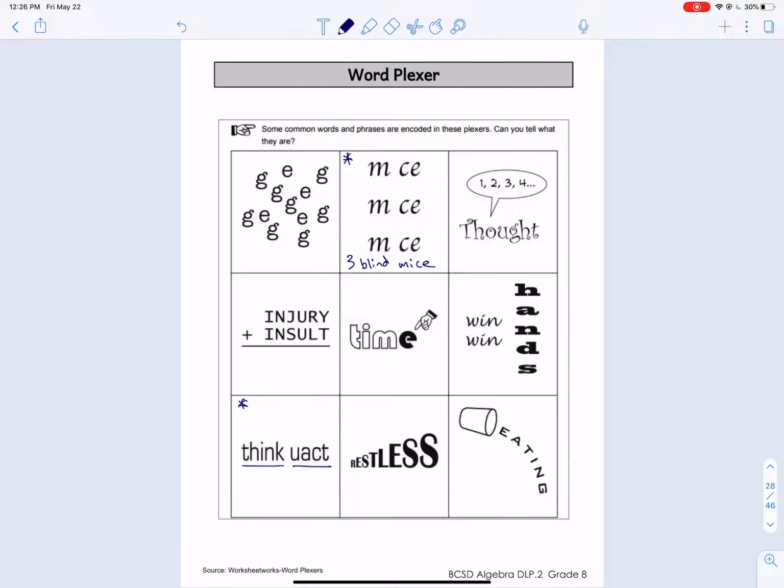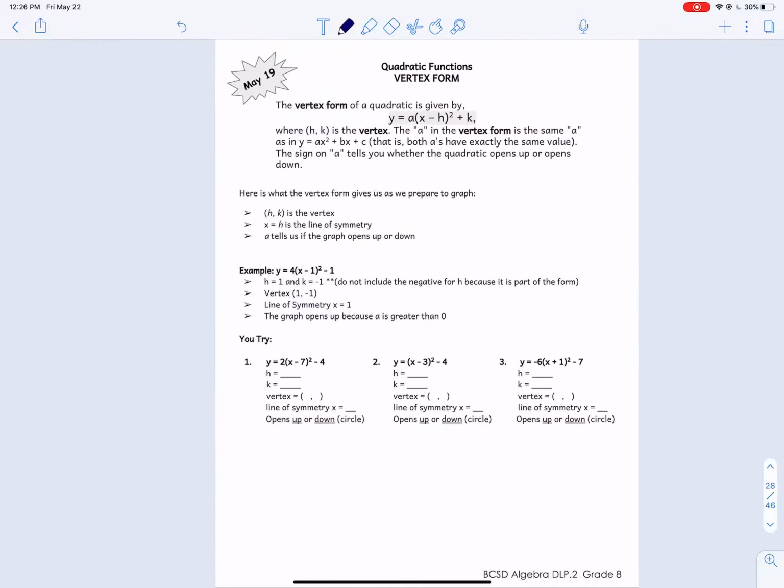So the word think is literally written before, and then you act, right? Think before you act. All right, anyway, so just have fun with those. Again, it's not really math related, but it is a nice brain break.